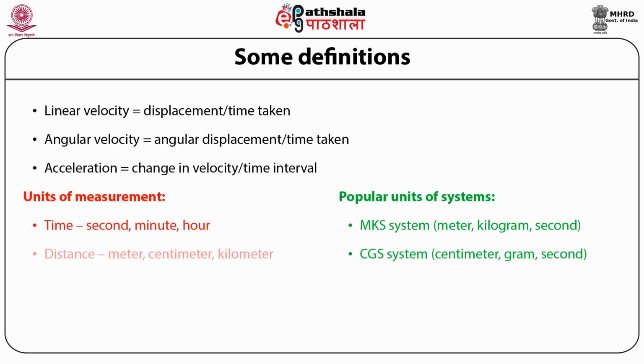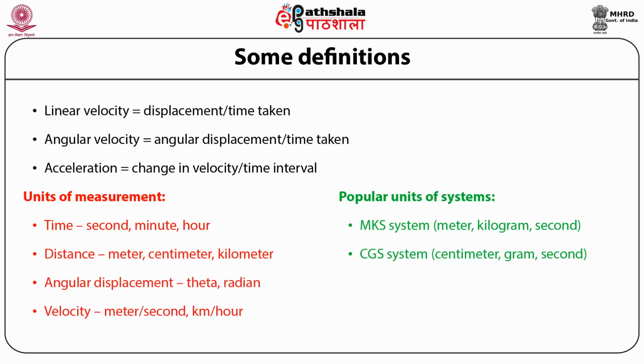Time, distance, angular displacement, velocity, acceleration, all these physical variables are some of the most basic physical variables which are used to describe other physical variables.